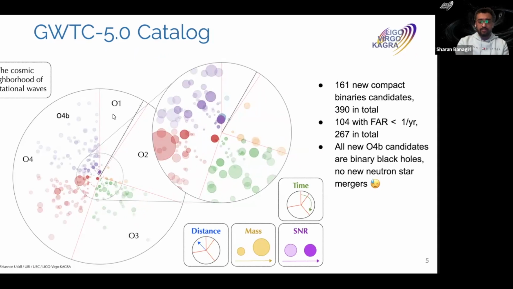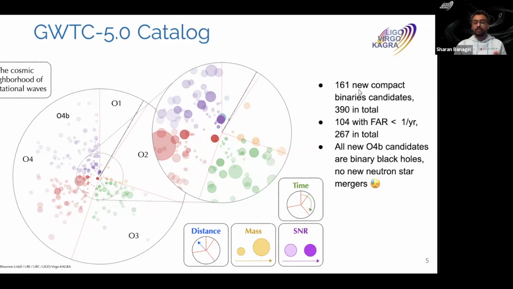So we see here detections from O1, the first observing run, all the way up until O4, which was the latest observing run. The fifth gravitational wave transient catalog, GWTC-5, contains new results from the second part of the O4 run. So this is called O4b, and all of these detections are shown in purple here. So we have 161 new compact binary candidates in O4b, and this brings the total number of detected candidates to 390.